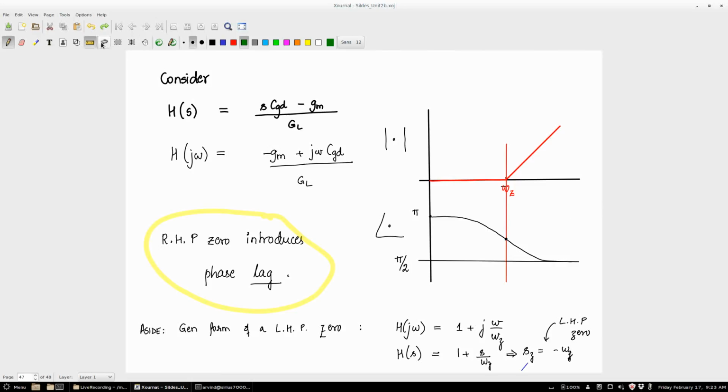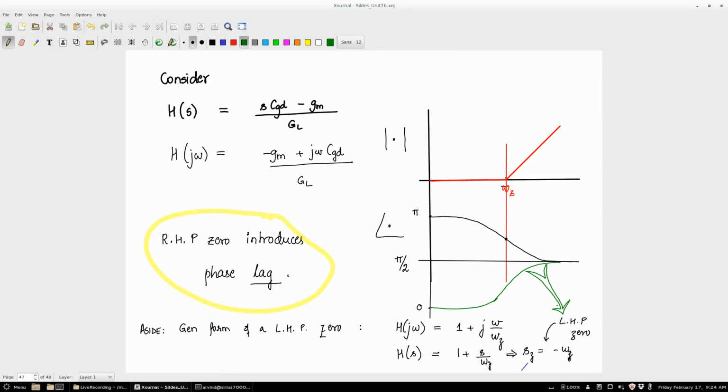So if I plot it over here, just for fun, if I take the same value of omega z, the left half plane zero will start from 0, and at the corner frequency it will be pi by 4.